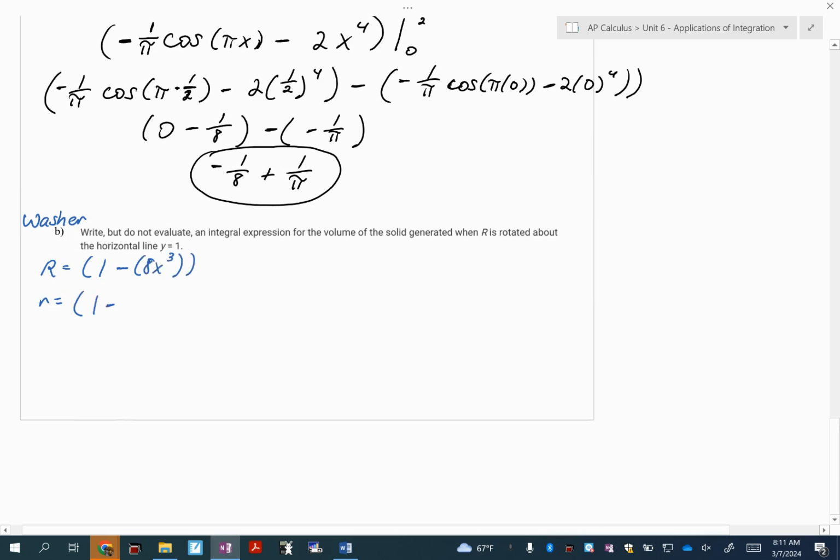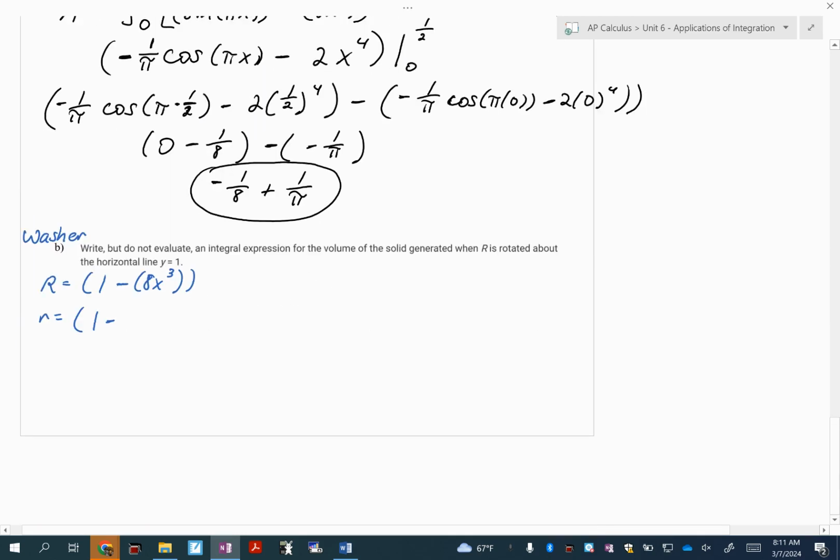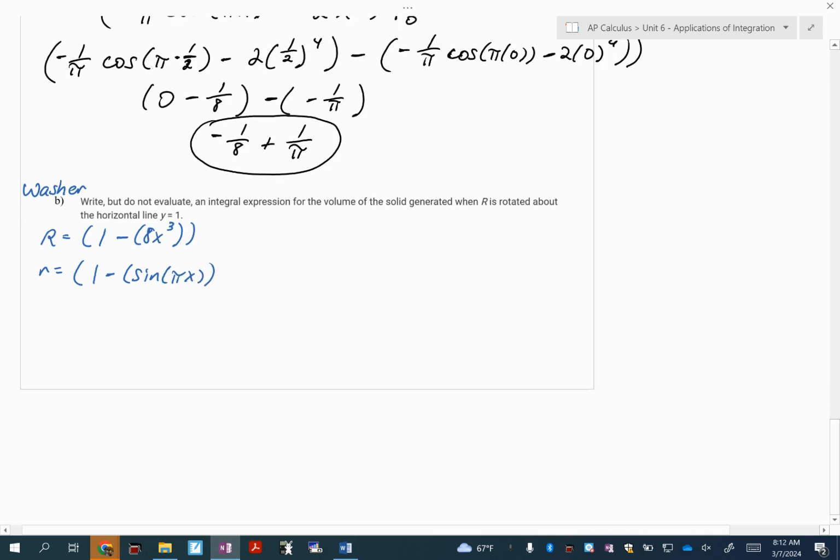And then my lowercase r is 1 minus the closer function, which is the sine of pi x. So 1 minus the sine of pi x, put that in parentheses. And if you wanted to rewrite that as negative 8x cubed plus 1 or the opposite of sine of pi x plus 1, that's fine. You can leave it like this.